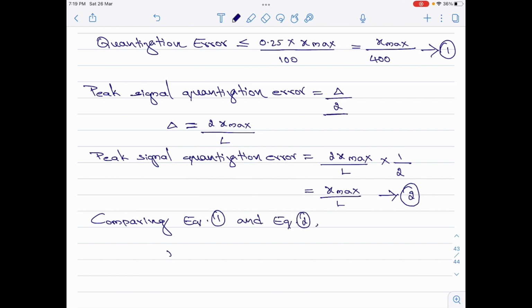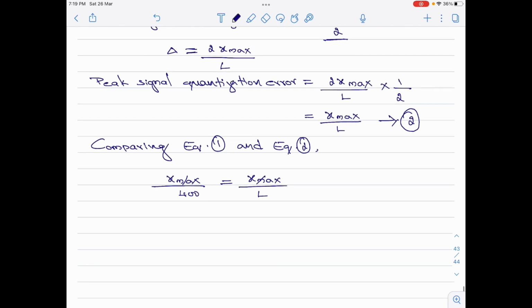So it will be X max divided by 400 equal to X max divided by L. The X max gets cancelled on the LHS and RHS. So what remains is L equal to 400. Now L here, as I said previously, is the number of quantization levels and is given by the formula L equals 2 power n.